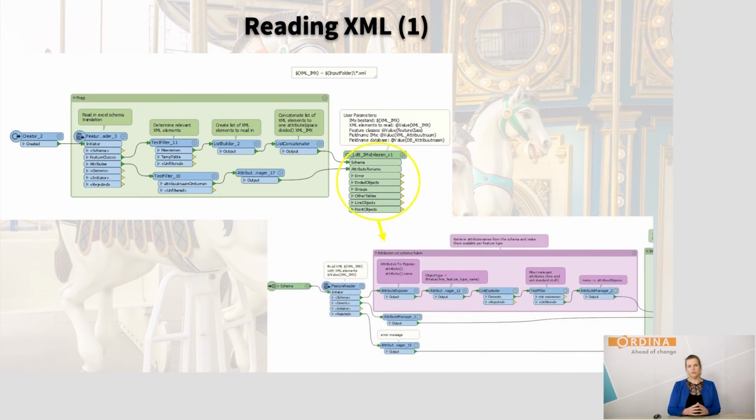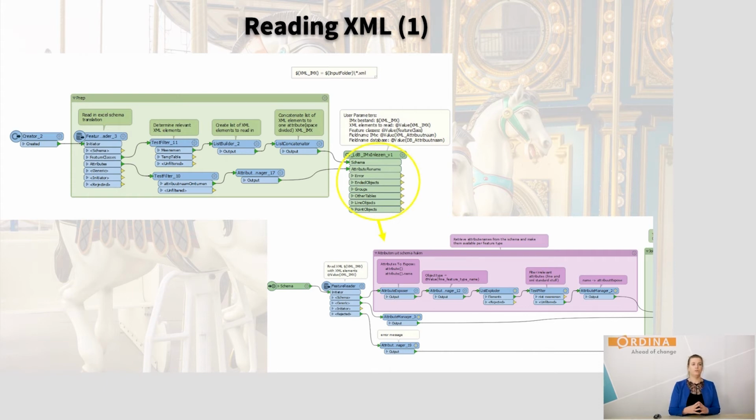So when we take a look at the custom transformer itself, it uses a feature reader, and in that feature reader, it reads in the XML file itself, and it only reads those features that are defined in the attribute value of XML IMX.